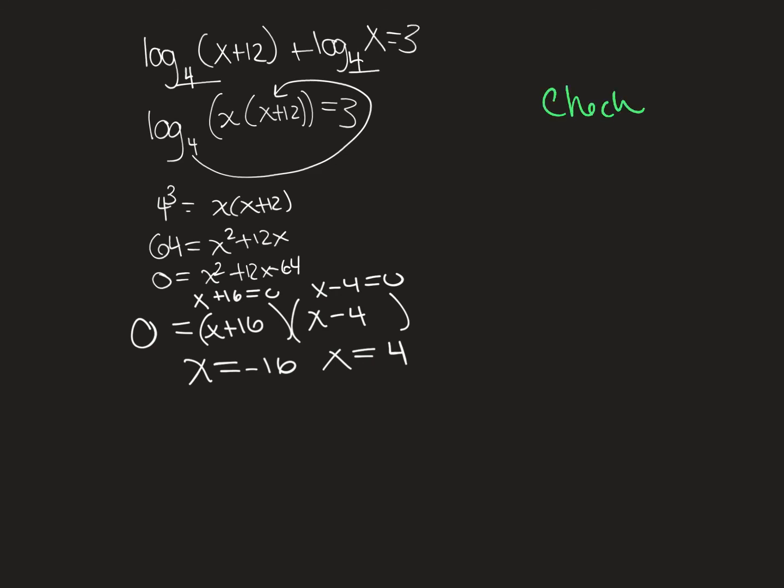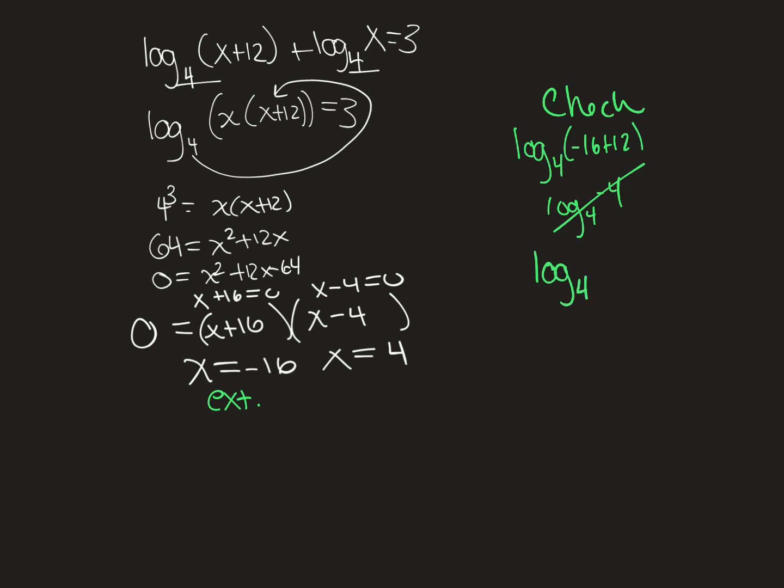When I plug in negative 16 right off the bat, we should see that we have a problem because negative 16 plus 12 is going to be log base 4 of -4. And we can't have that. So this one is definitely extraneous. Let's check my 4.